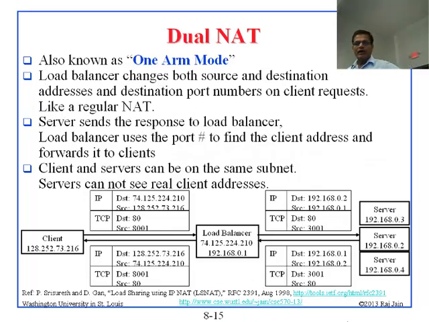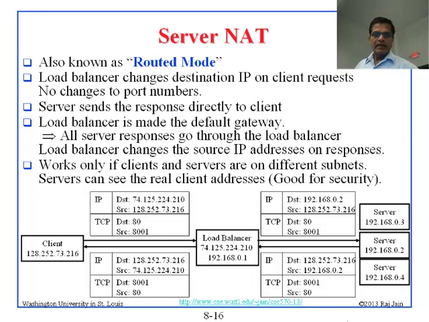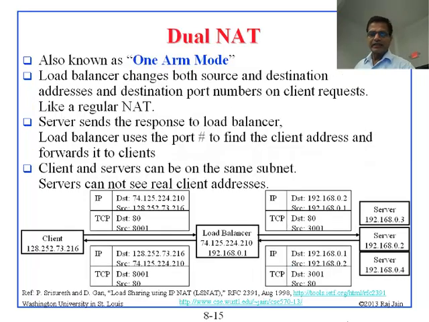Now, one ARM. I have to think about why it is called one ARM, because there are other places where we use the word one ARM. One ARM is used when you have only one port.